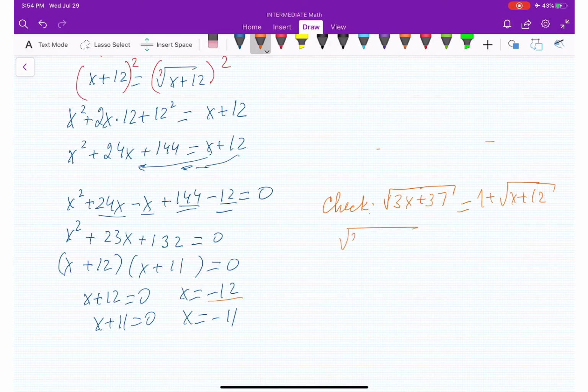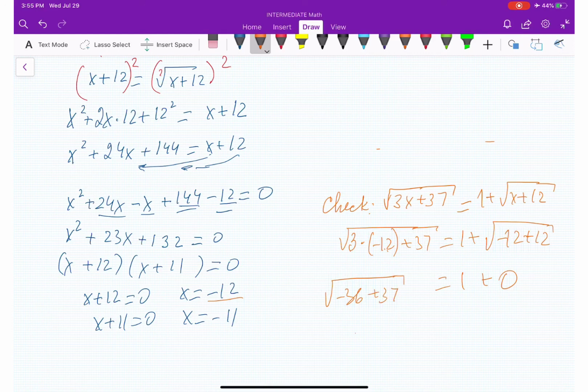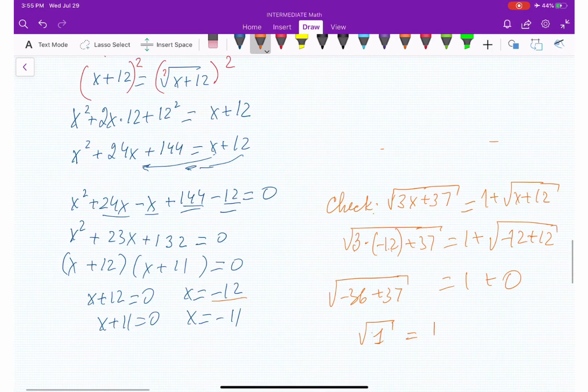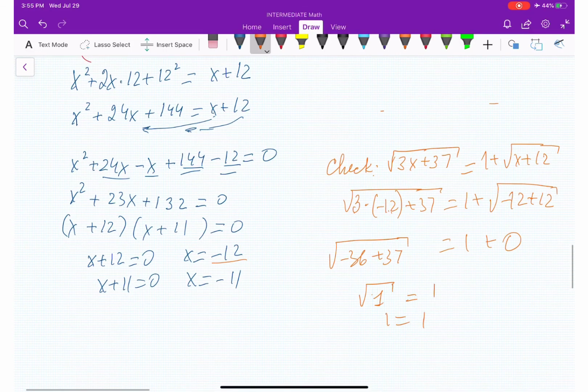So 3 times negative 12 plus 37 equal 1 plus negative 12 plus 12, which means this is going to be right away 1 plus 0, right? Negative 12 plus 12. Here we get negative 36, right? Negative 36 plus 37. It's going to be square root of 1 equal 1, and 1 is equal 1. So negative 12 is a solution.